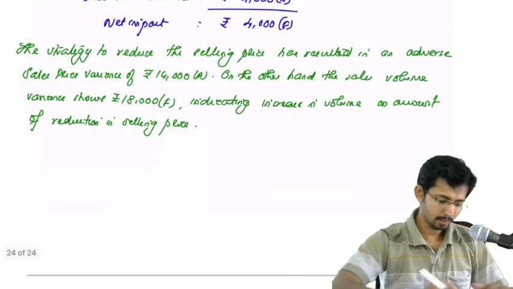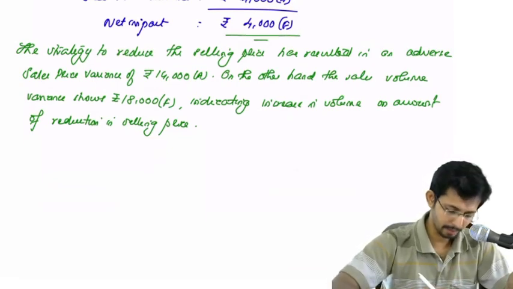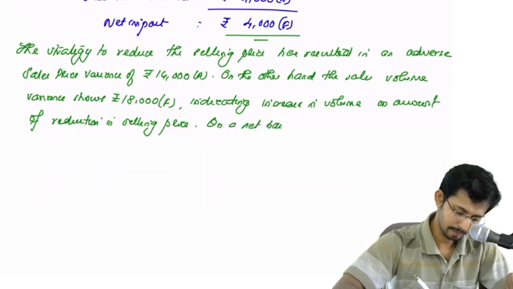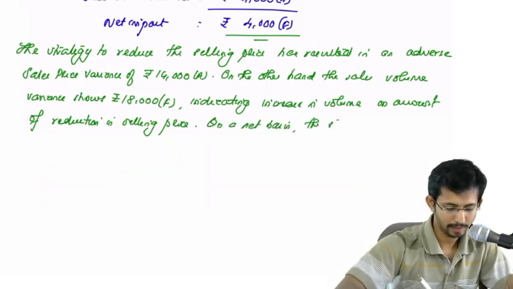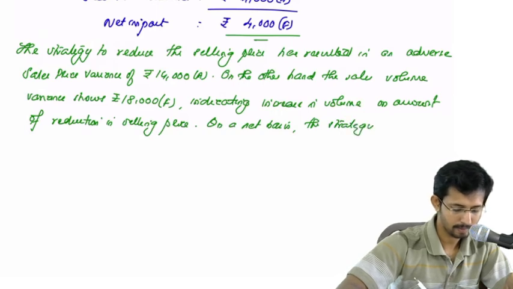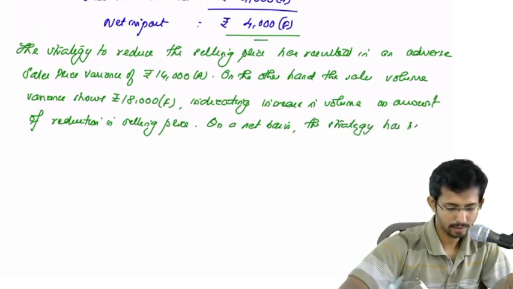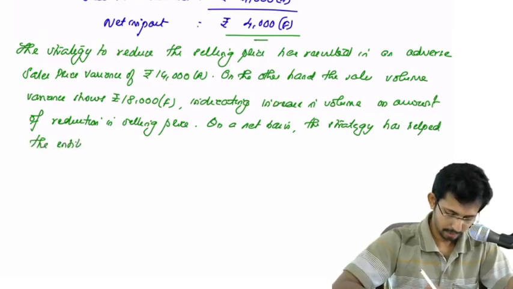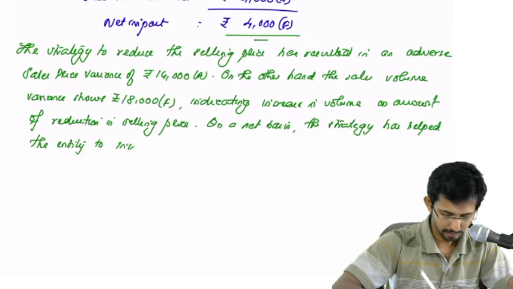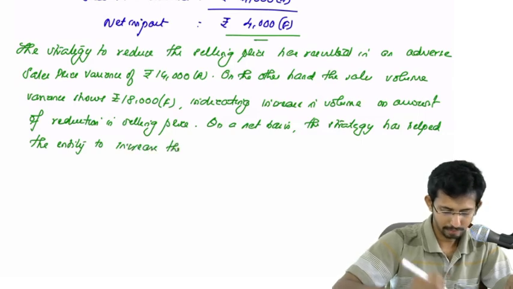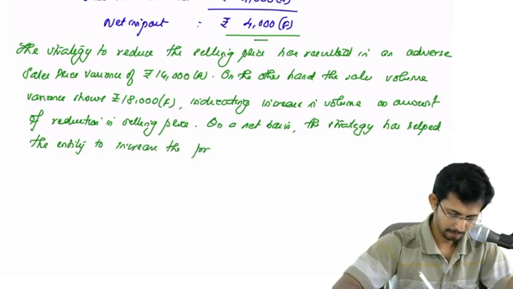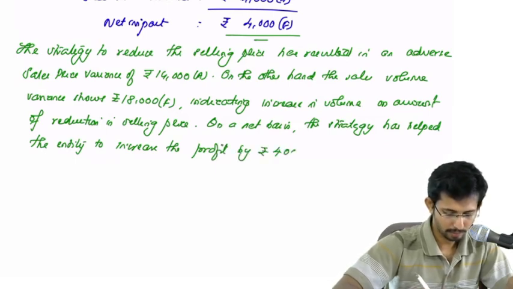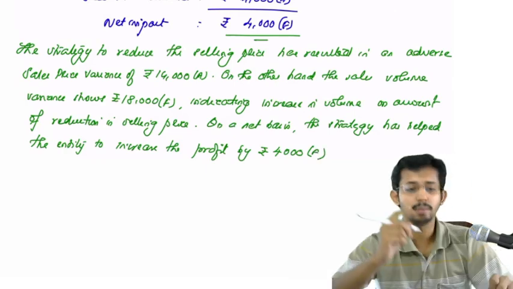On an overall basis, what is the impact? 4,000 rupees favorable. So you can write, on a net basis, the strategy has helped the entity to increase the profit by rupees 4,000 favorable.